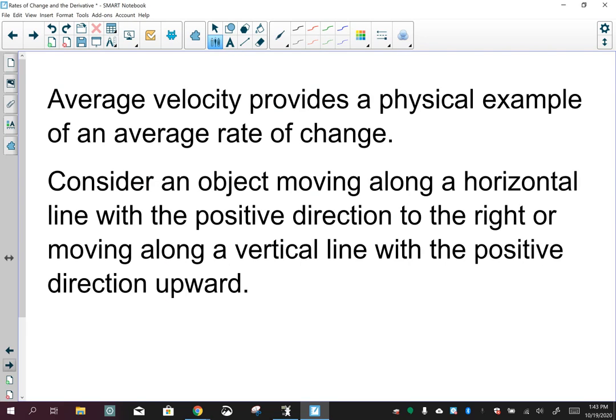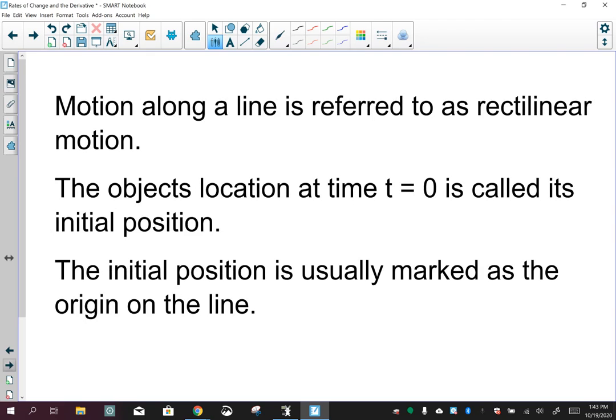So horizontal, positive goes right, and vertical, positive goes up. This is going to be a word that you'll see: motion along a line is referred to as rectilinear motion.